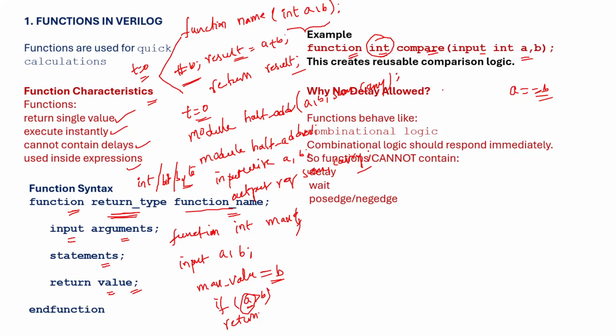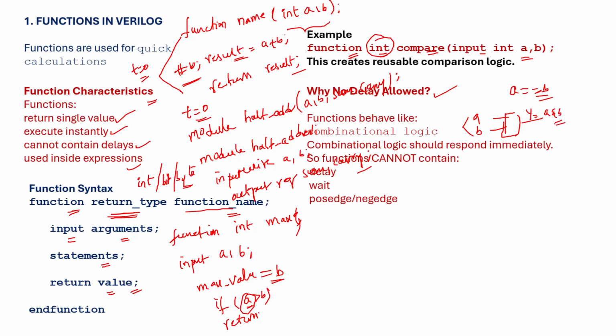Why are no delays allowed in functions? Functions are always used for combinational circuits. In combinational circuits, we give the inputs A and B and immediately get the output.